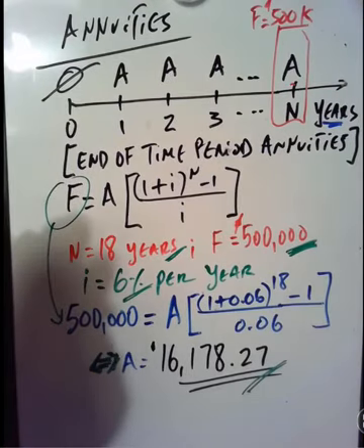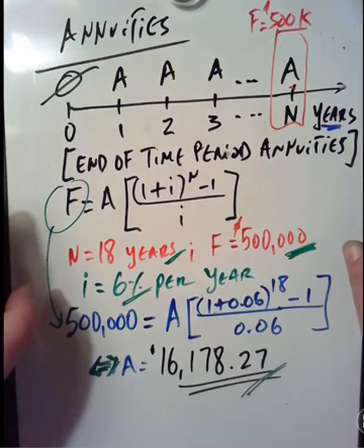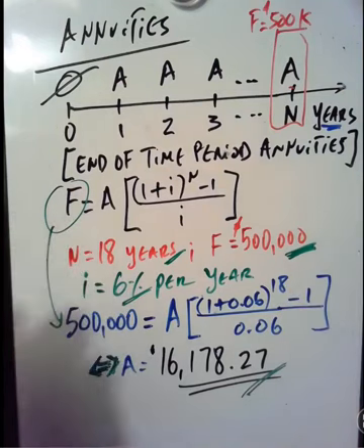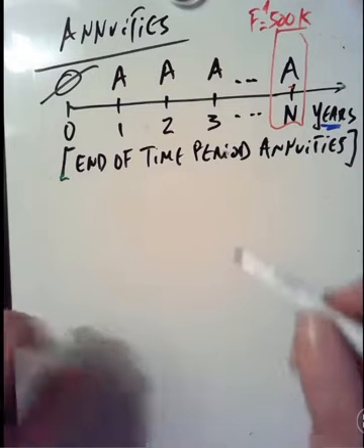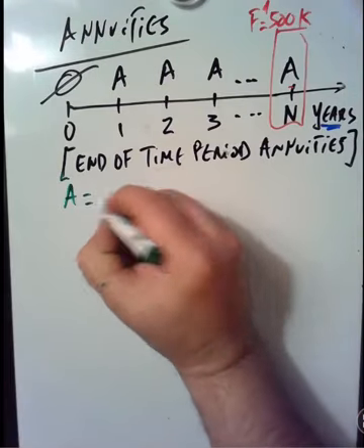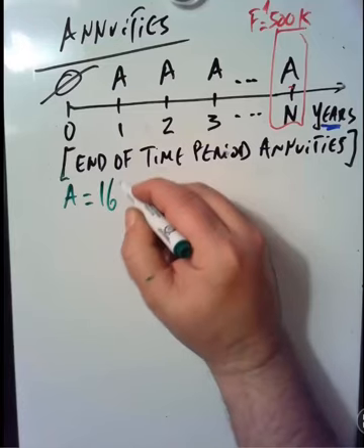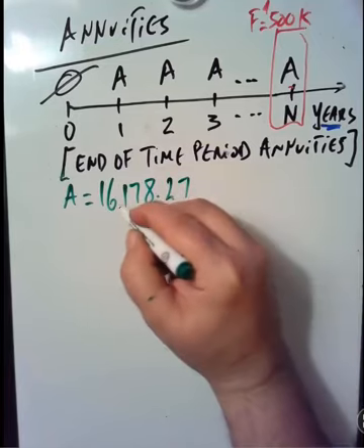Now let's say we want to figure out the present value of these $500,000, and there are two ways. One way is to use, obviously, the present value formula. So we found out that the annuity was $16,178.27.